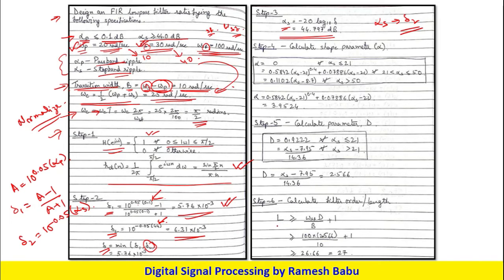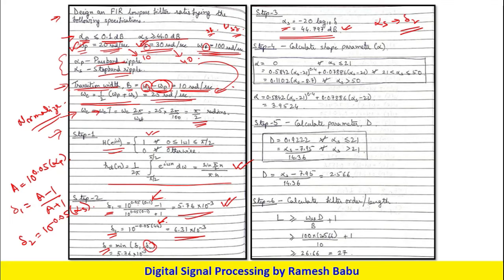Alpha s will be replaced with delta 2. However, in this case, we have delta 1 as the minimum. So here we have to put minus of 20 log 10 delta, which is equal to 44.797 dB.